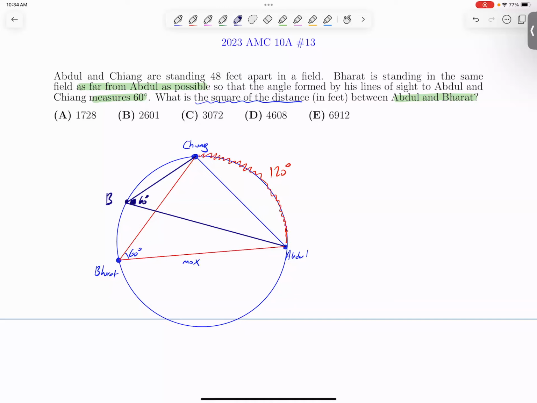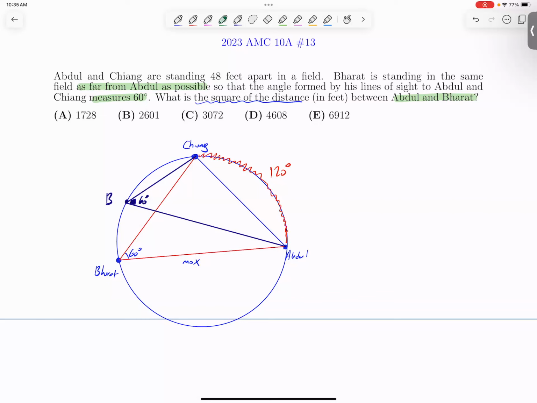So I can pick the point P anywhere on the circle. And the question is, where should I pick the point P so that the distance between Bharat and Abdul is maximized? The answer is, we should pick at the diameter. Diameter is the longest distance in any circle.